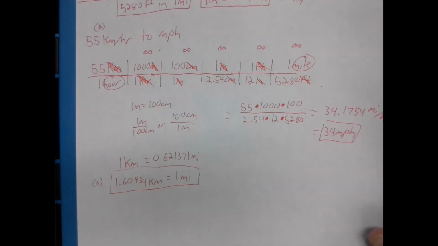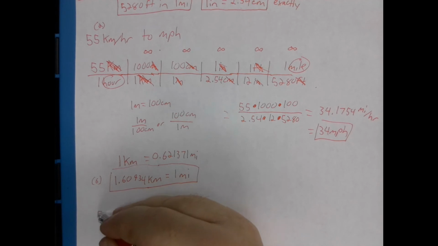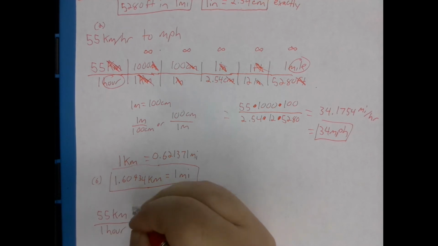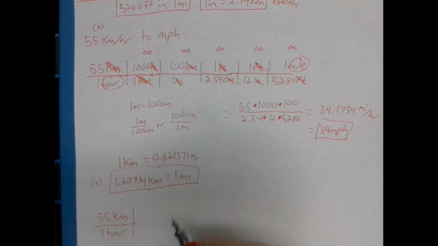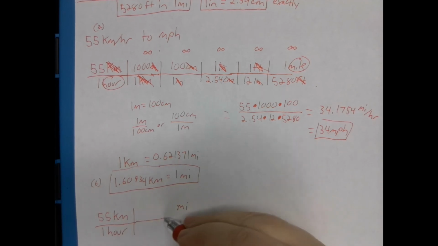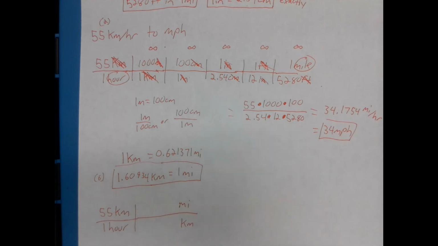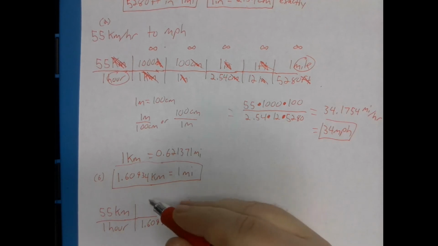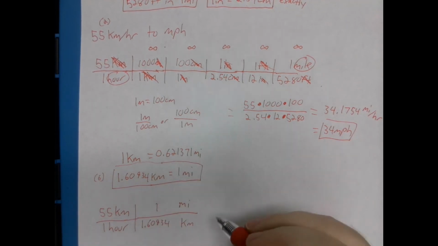So we could put in 55 kilometers per 1 hour. We need to convert kilometers into miles, so we put kilometers and miles over here and plug one of these in. It doesn't matter which one you use, they both come out the same. I'm going to use this one, 1.60934 kilometers to 1 mile.